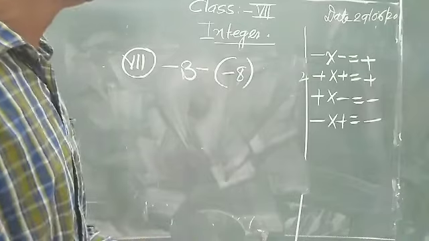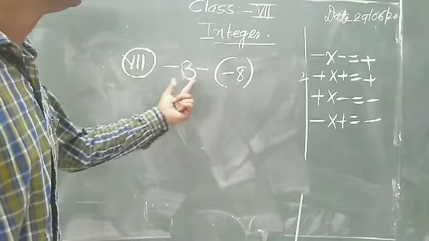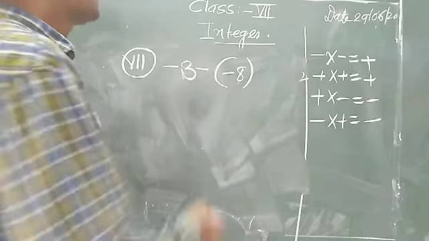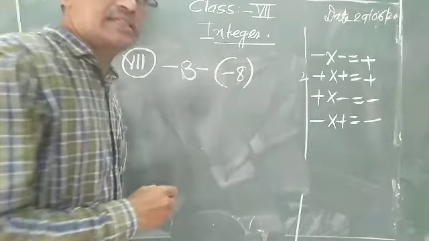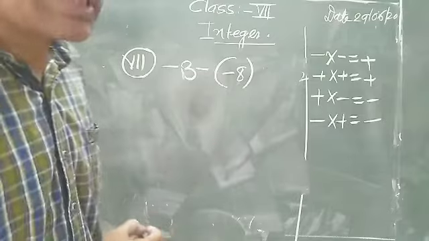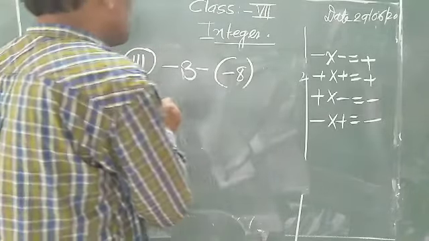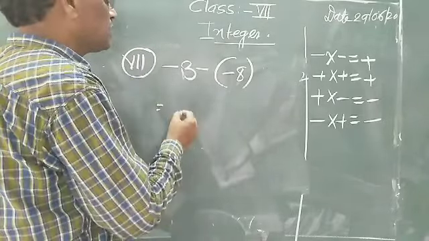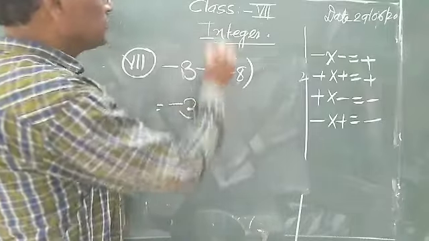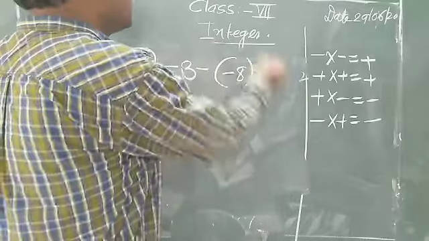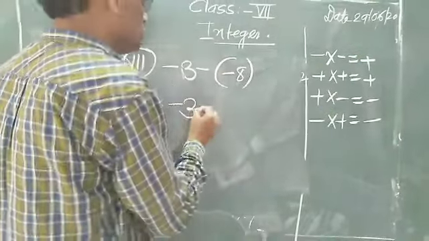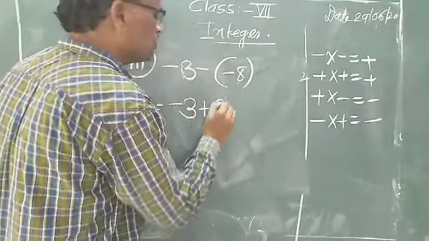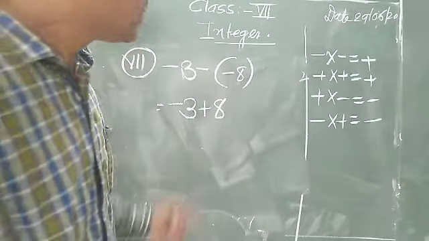In this case, you see here both the numbers are negative, but outside the bracket there is a negative sign here. Therefore, we can write this in the form negative 3 and negative into negative, that is positive. Therefore, 8 will be positive here.